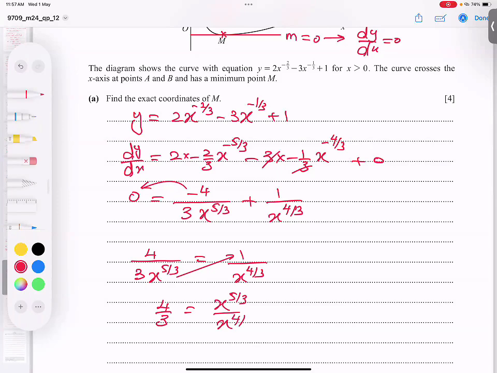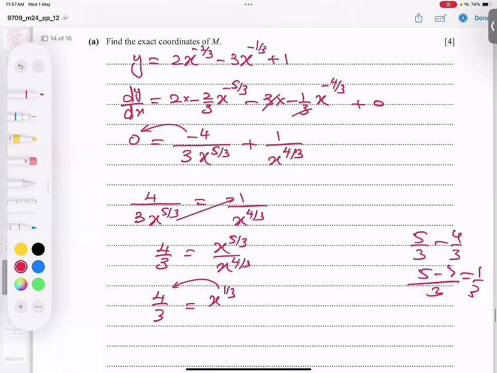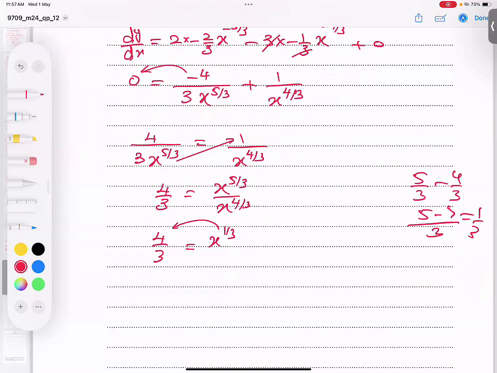Students, if I subtract upper power minus lower power, I will get 1/3, because 5/3 minus 4/3, with 3 as LCM, 5 minus 4, is 1/3. I think this point is clear. When 1/3 goes there, the power flips and becomes a cube. 1/3 becomes 3/1. And the x value turns out to be 64/27.